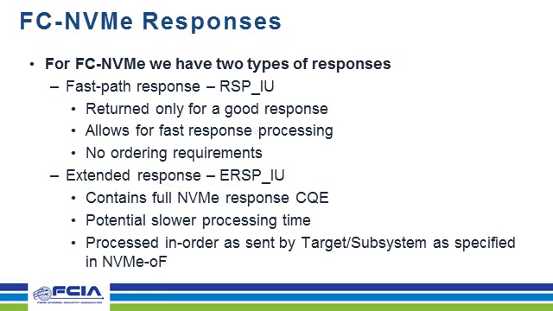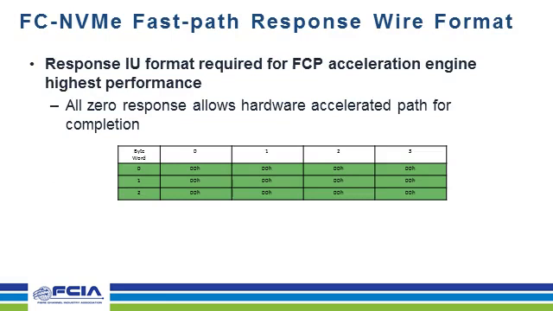And then there's also the extended response, which contains a full NVMe response. This one potentially has slower processing time, and it is required to be processed in order. The fast response format is fairly simple. It's just a bunch of zeros. It basically says all's good here. You can close out this command. It was successful.